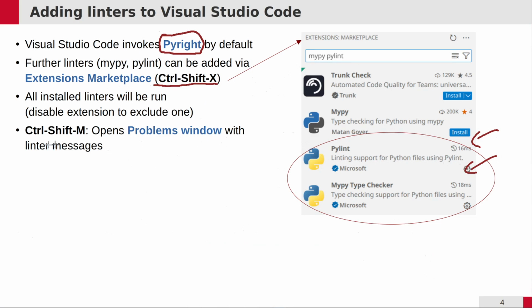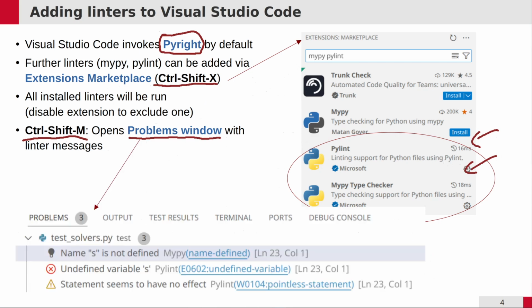So when they are run, how do you know what they reported? You can just press Ctrl+Shift+M, which opens the so-called problems window. This problems window contains all the error messages which Visual Studio Code obtained from the linters. So you see here, for example, in test-solvers.py, it was analyzed by mypy, and mypy found an error.